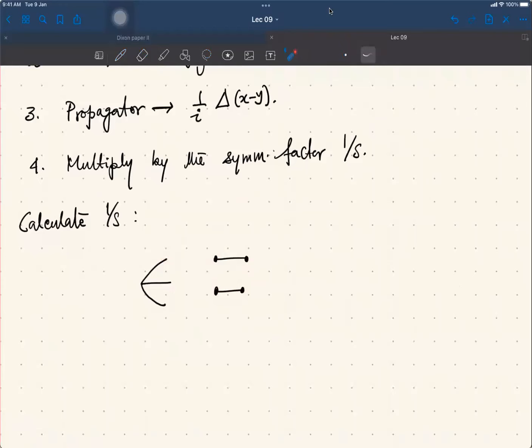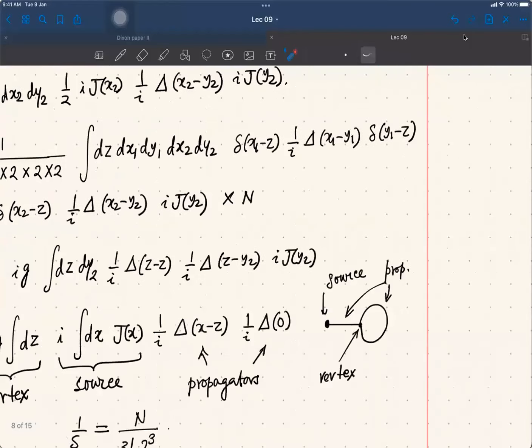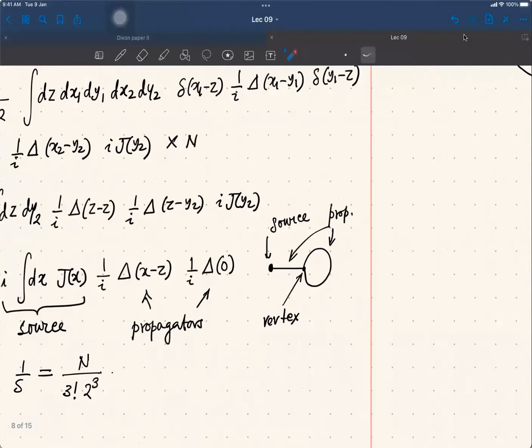So what we can do now, we discussed the topological property of this particular contraction, or look at the topological property of this diagram.